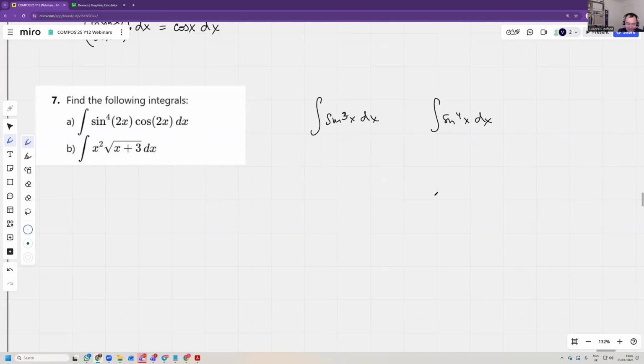They're not even related, right? Completely different integrals.